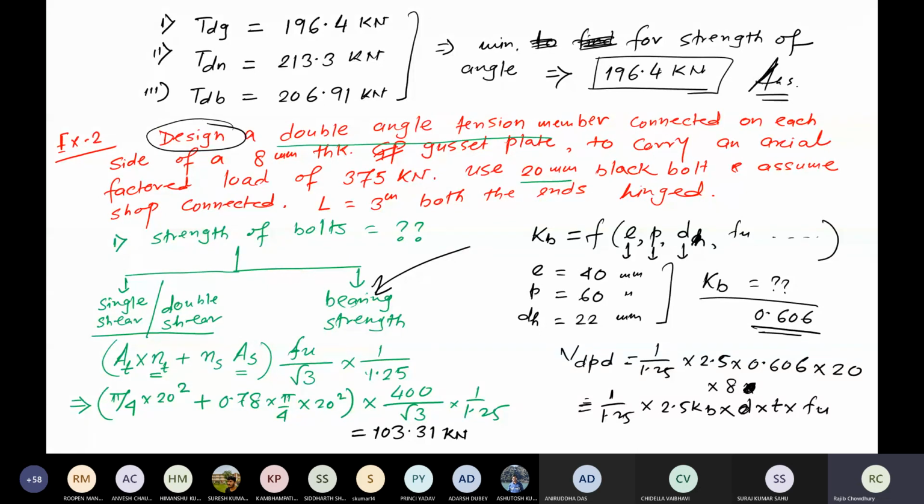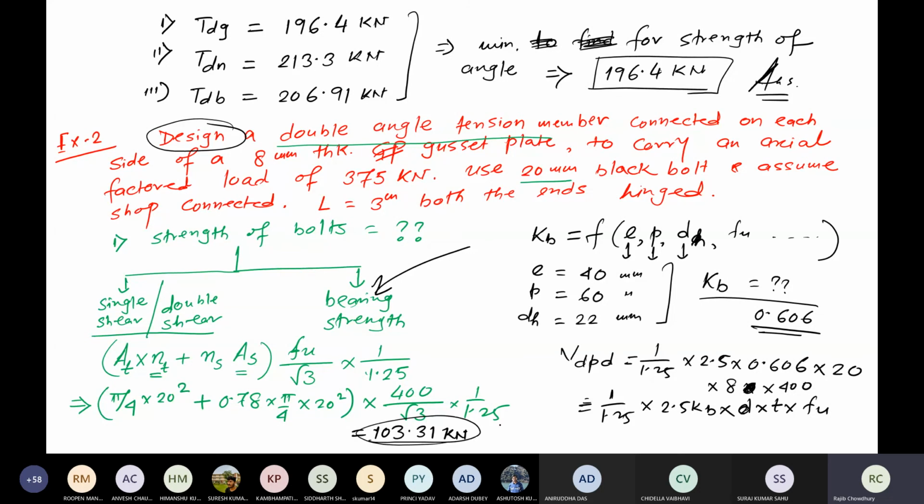All right, FU would be there. So FU is for the bolt, FU would be 400. Okay, so with this, I'll be getting some values over here.